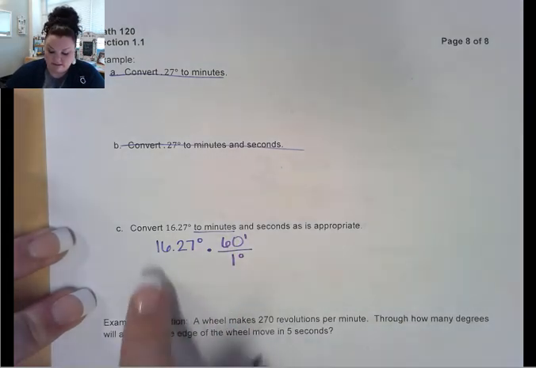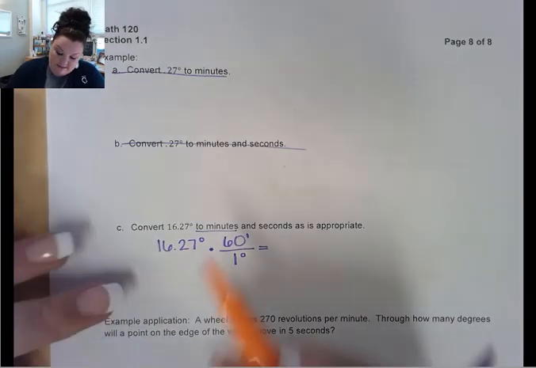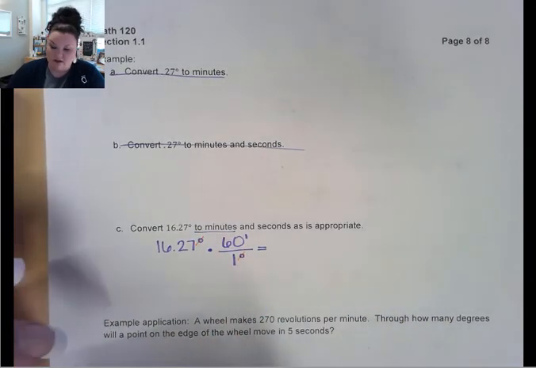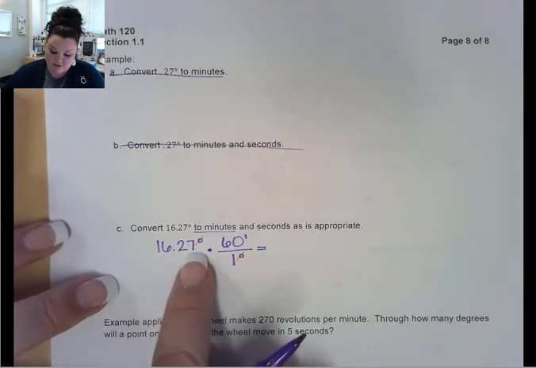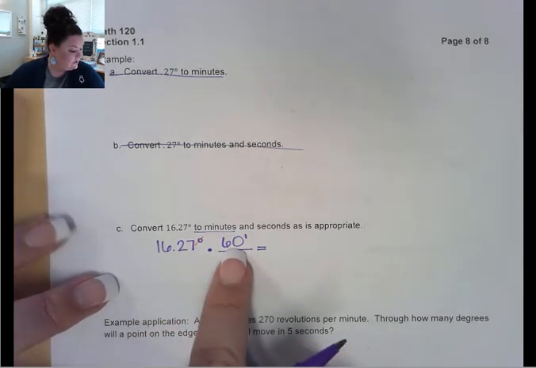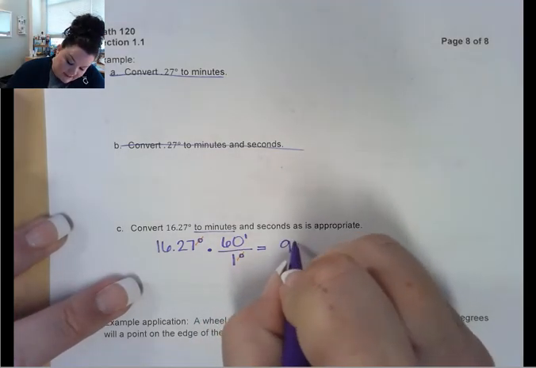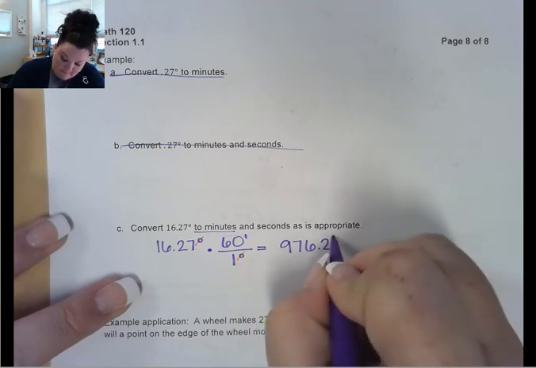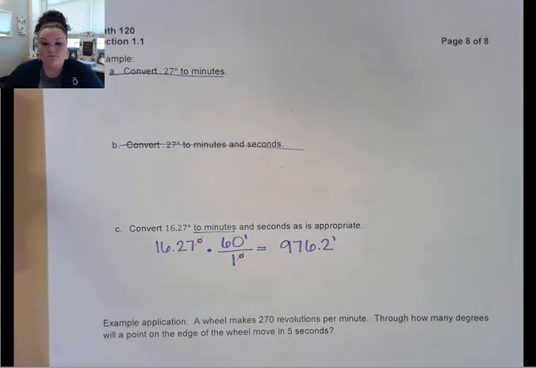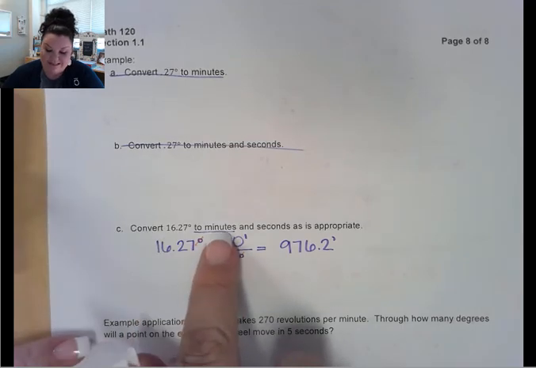Okay, so let's go ahead and multiply this. Notice right away we can see that our degree is going to cancel, so we're not left with degrees. So I need to do 16.27 times 60, which gives me 976.2 minutes. So it wanted us to convert 16.27 to minutes and seconds.